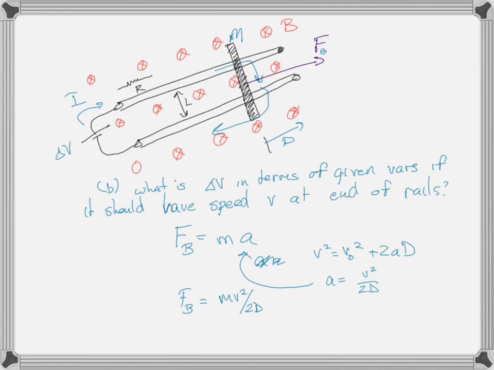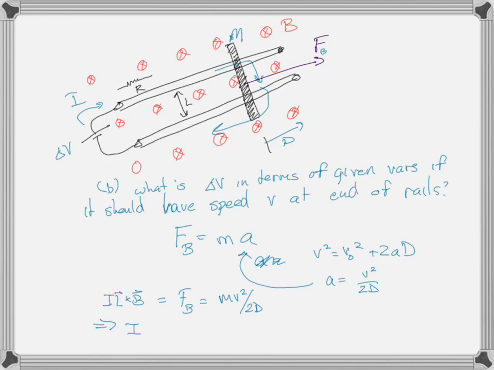But we know that the force is IL cross B. The force on a current-carrying wire, or in this case current-carrying rod, in a magnetic field is IL cross B. And so once we find the force, we can find the current, because this is I and L, the length. It doesn't matter what the length of the rod is, it matters what the length is through which the current goes.